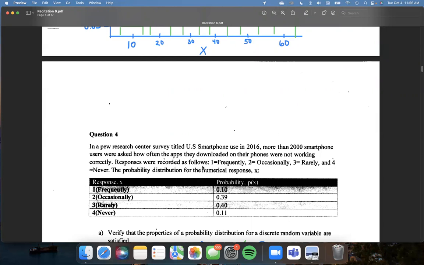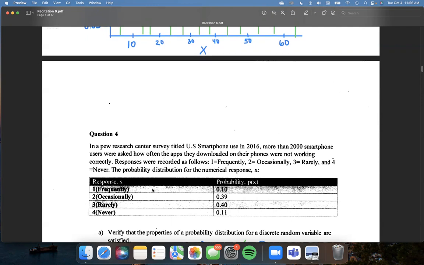Responses were recorded as follows. 1 is frequently, 2 occasionally, 3 would be rarely, and 4 would be never. The probability distribution for the numerical response X is down here. So we have the probability that a participant would choose 1, frequently, is 0.1, and so on and so forth.